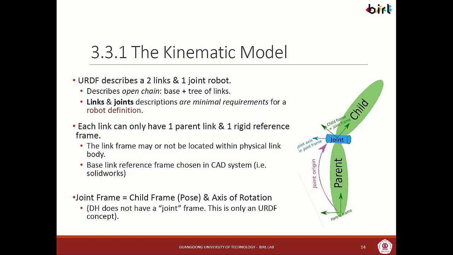The joint frame will belong both to the child link, but also to the joint of the system. The joint is going to help the links rotate. This joint has a frame of reference here, but it also has an axis of rotation. And we'll see how we define that as well. Right now, for example, you can think this is the y-axis, so it means this link could rotate this way.